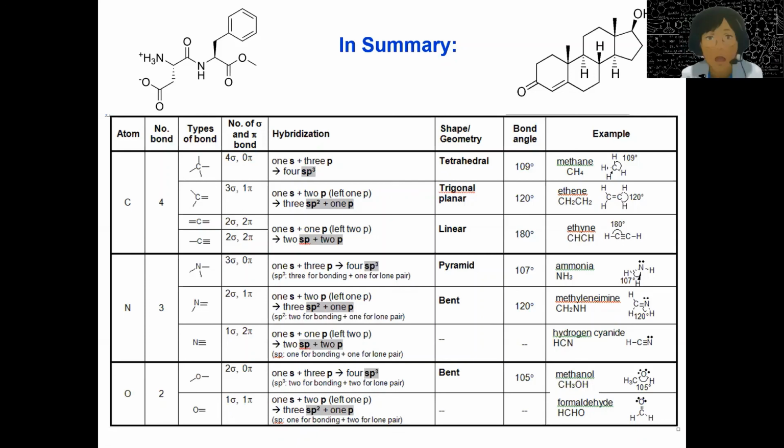We have finished our very first lecture in organic chemistry, and I would like to go through the important points. So what is organic chemistry? It's mainly the chemistry of compounds that contain carbon in living organisms.